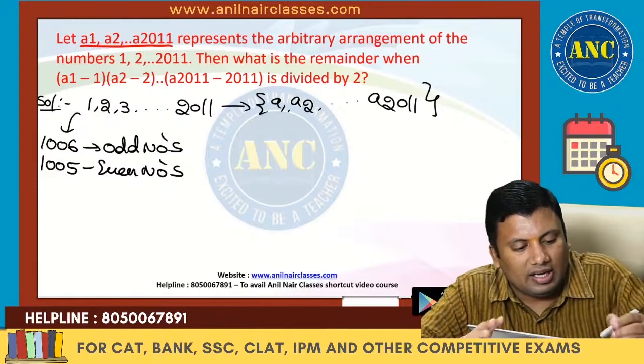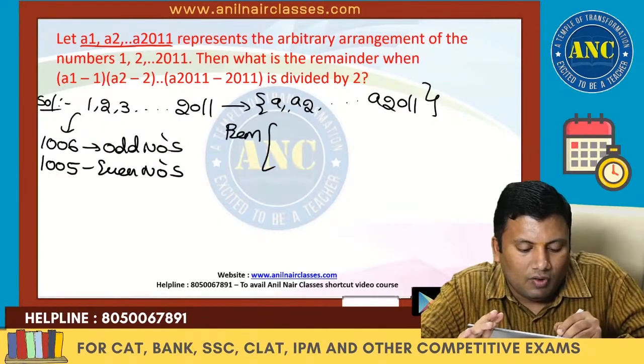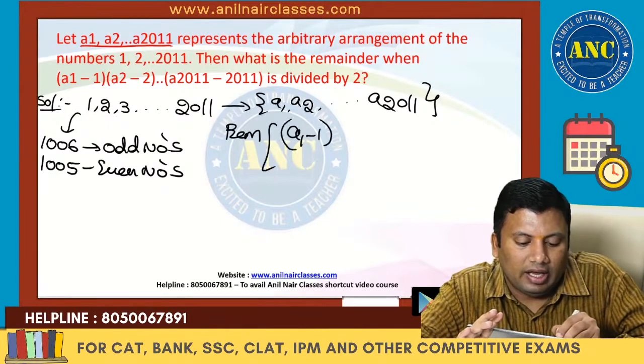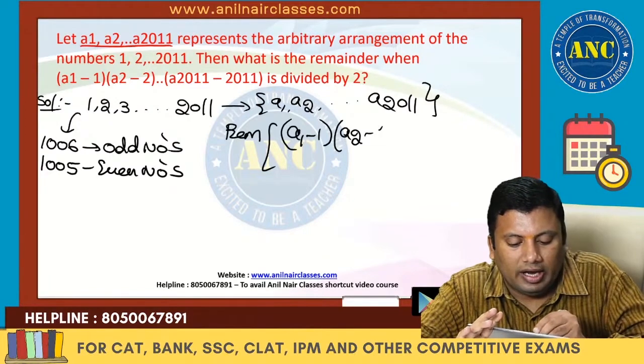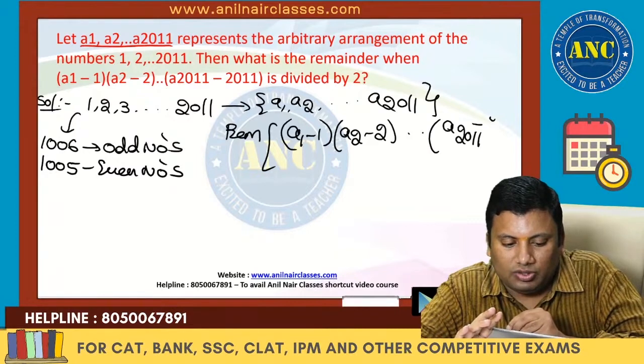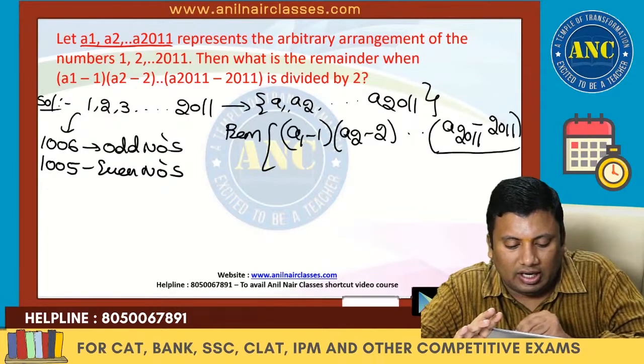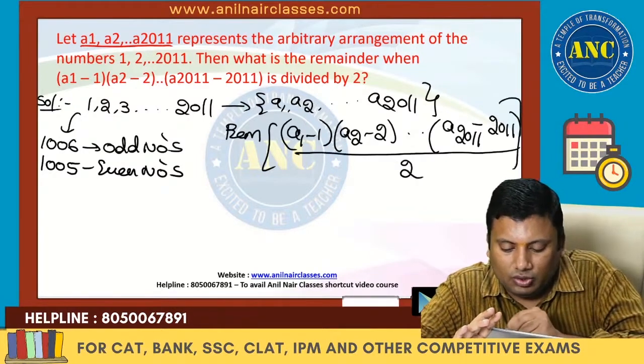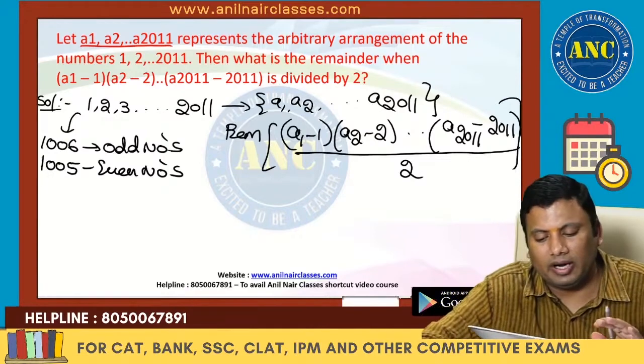Now see, what is the remainder when A1 minus 1, A2 minus 2 and so on up to A2011 minus 2011 is divided by 2? Let us see here.